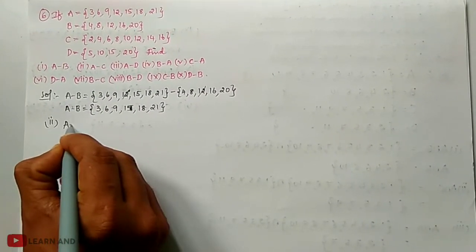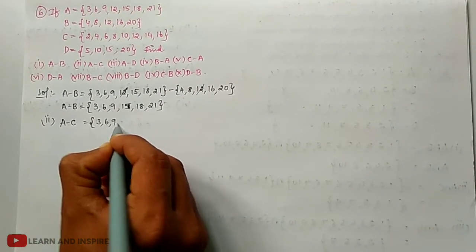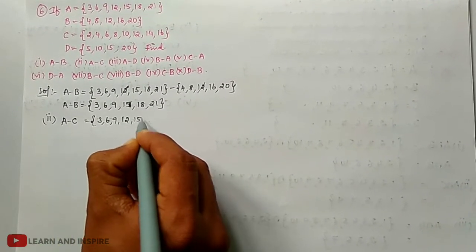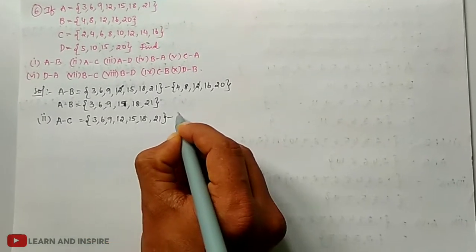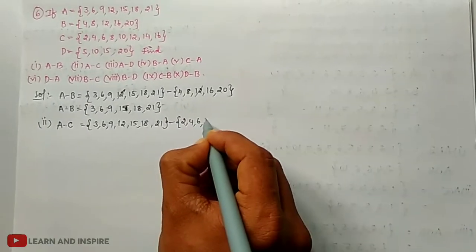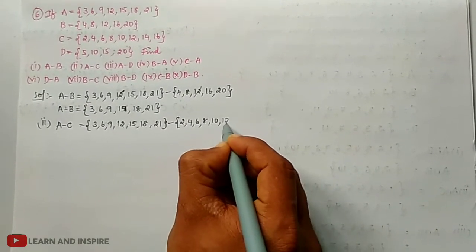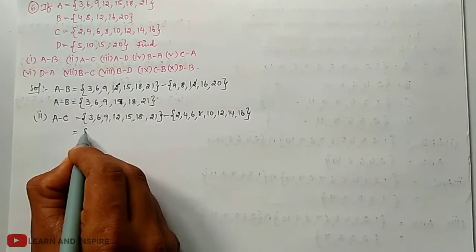Second one, A minus C. A, the first set of elements, 3, 6, 9, 12, 15, 18, 21, minus set C, 2, 4, 6, 8, 10, 12, 14, 16. So what are the common elements?